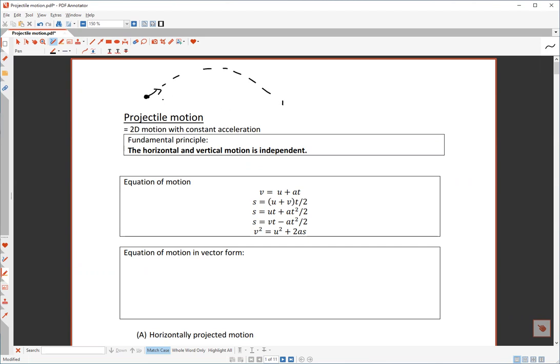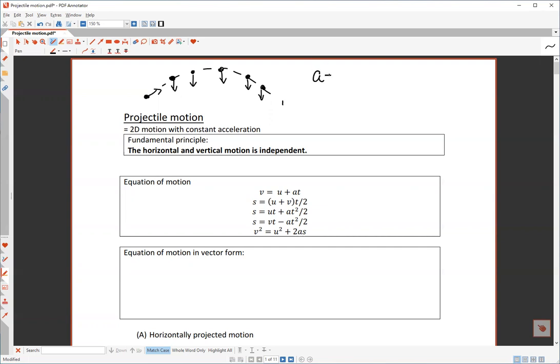In this motion, at any point along the path, the object experiences gravity towards the center of Earth. The direction is constant, and the magnitude of the force is also constant. So therefore, the acceleration is constant.